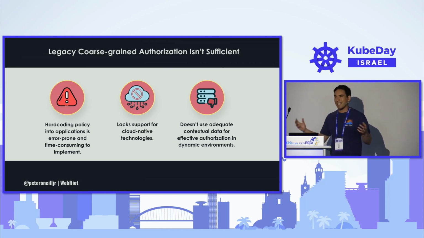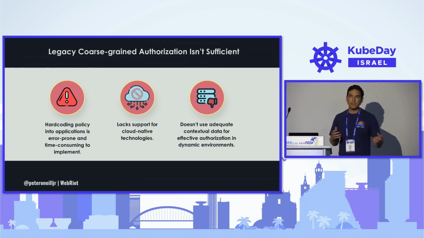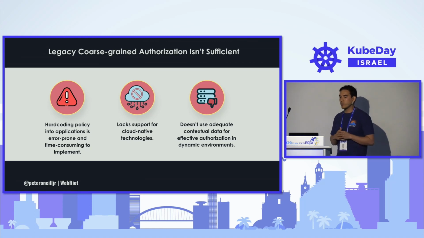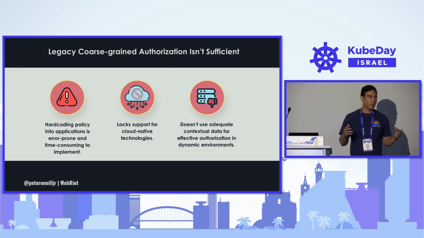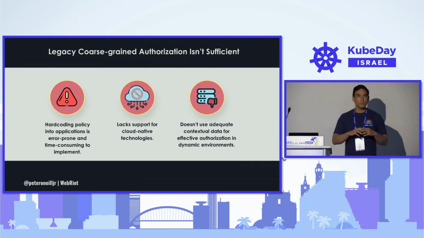It lacks a lot of the complexities that our cloud-native systems need. These policies end up being hard-coded directly into the application, they end up being very error-prone, and there are a lot of things that just don't work very well for the complexities of the systems that we want to create.